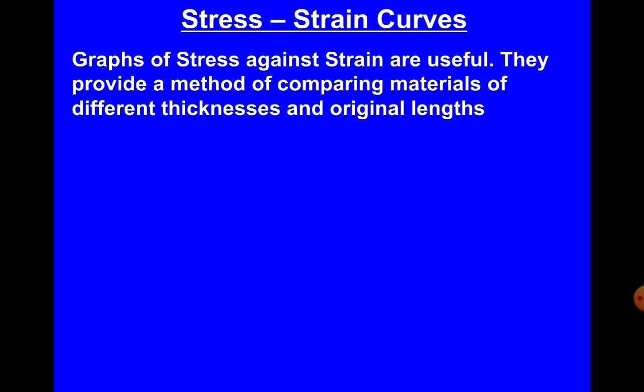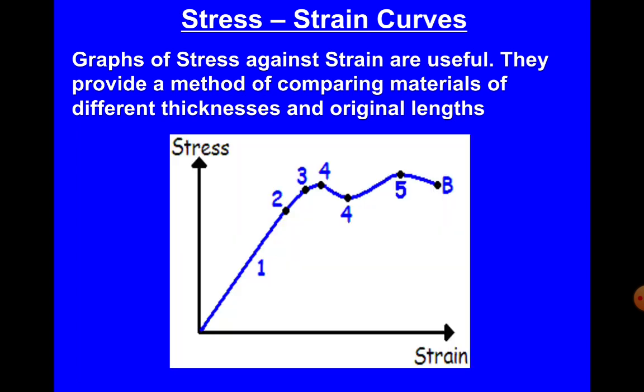So let's look at the graph a little bit more in depth. We have different regions, and it's very easy to use the Young's modulus because then we can compare materials easily with each other.